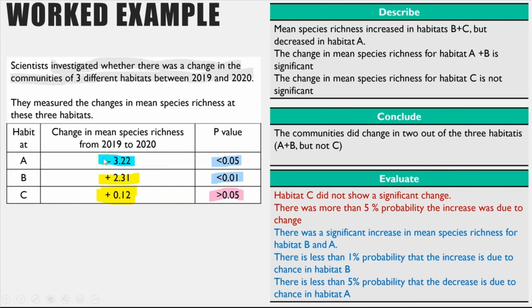I've said whether it's a decrease or an increase in the species richness, and I've quoted exactly what the p-value means: less than 5% probability it's due to chance, or 1%, and this one's 5% again.